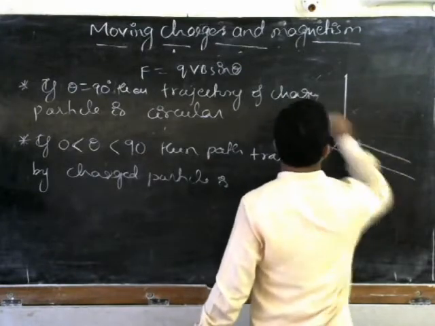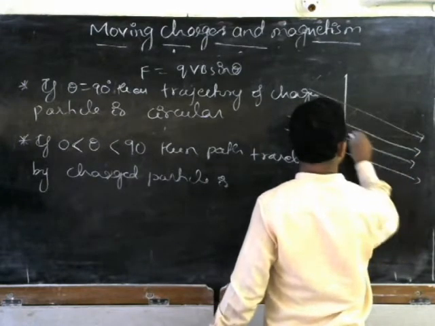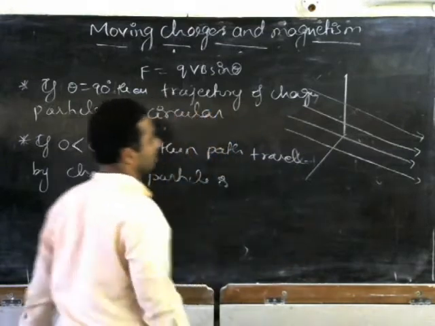This is the direction of the magnetic field here. It is not along this axis. It is not along that axis.